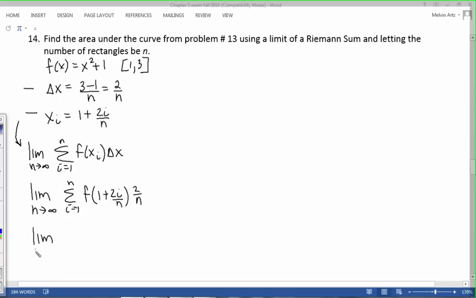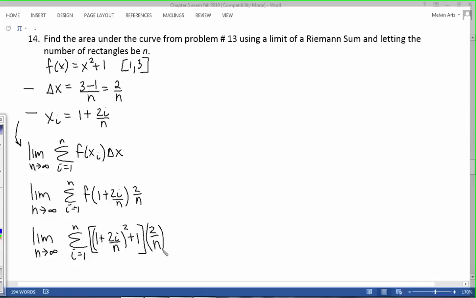So if we actually plug that into the function, our function is x squared, so we're going to plug in 1 plus 2i over n, squared, plus 1. That's plugging in our x sub i to the function, times the 2 over n, which is our widths.